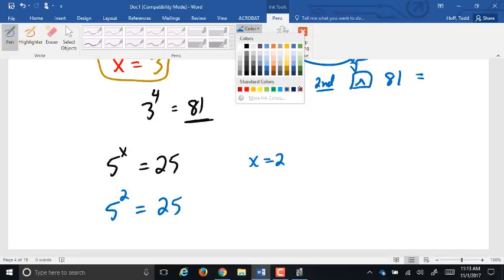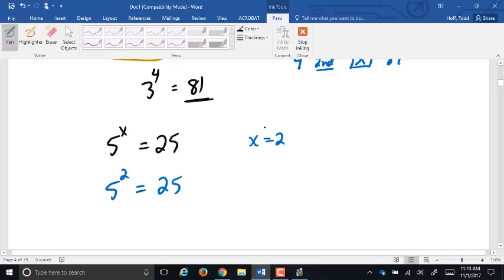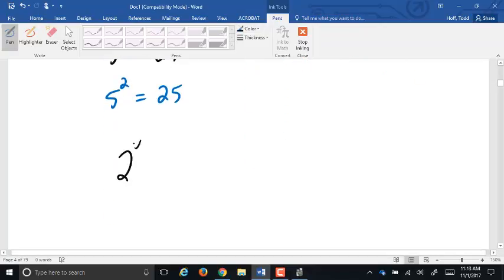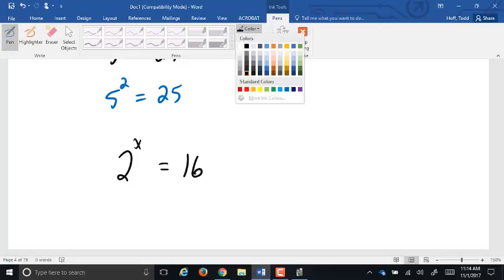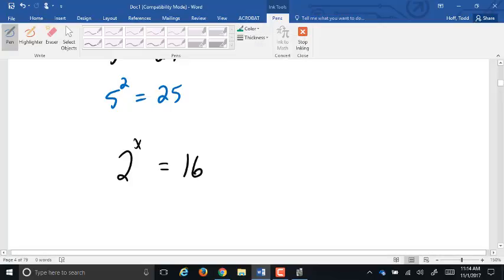Or we might have 2 to the power of x equals 16. What does x have to be? This will take a little longer. 4, very good. 2 to the power of 4 equals 16.